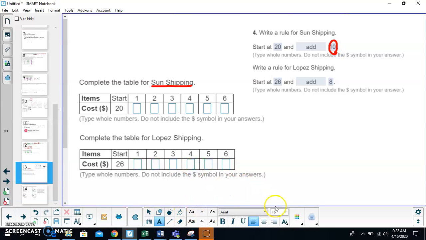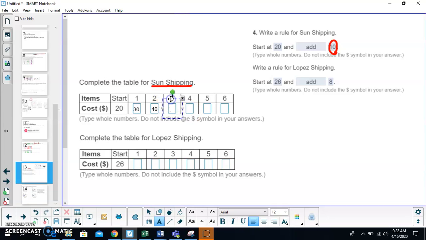So we're starting at 20 and adding 10. So we should be pretty good at this. 20 plus 10 is 30. 30 plus 10 is 40. 40 plus 10 is 50.